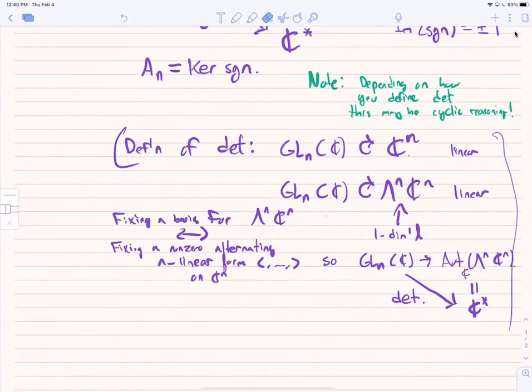So now you can pull back this linear form by g. That pullback just means you get a new linear form by pre-composing all of your entries with the action of g. And that multiplies this form by some constant, which is the determinant.